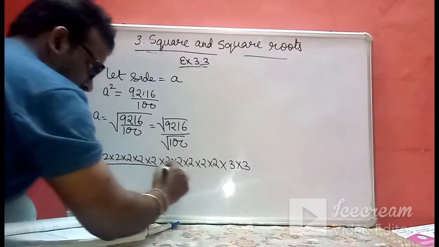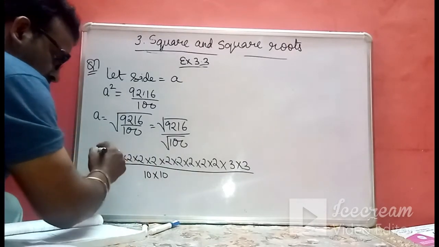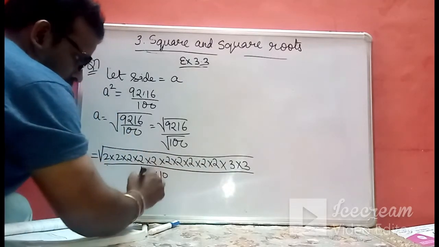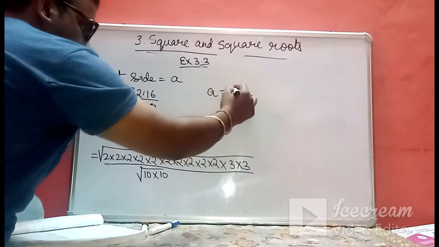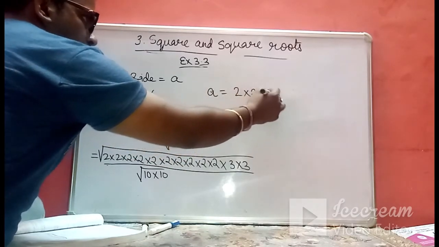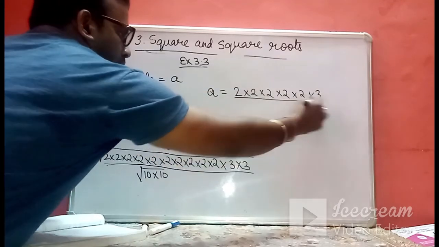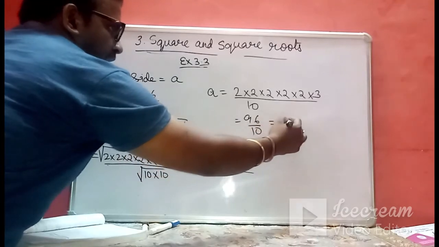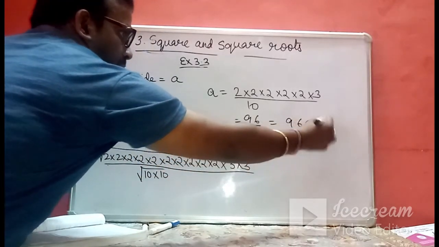And this 100 we will write as 10 into 10. Okay, so here is square root sign, and here also square root sign. So what is the value of a then? Value of a is 2 into 2 into 2 into 2 into 3 upon 10, that is 96 upon 10, or we can say that 9.6 centimeter.